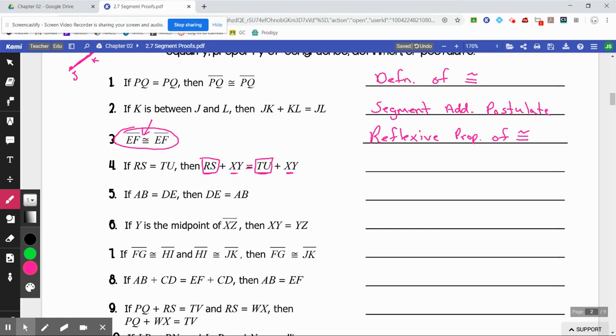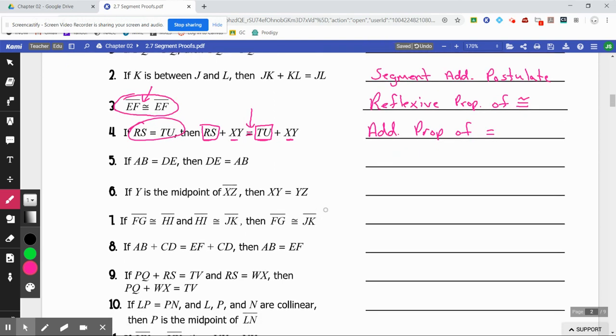That's going to be the addition property of equality. Notice that we're dealing with an equal sign here, so it's not a property of congruence. The addition property of equality says that you can add the same thing to both sides of an equal sign and it stays equal. Well, RS and TU are the same thing, so we added the same thing to both sides.